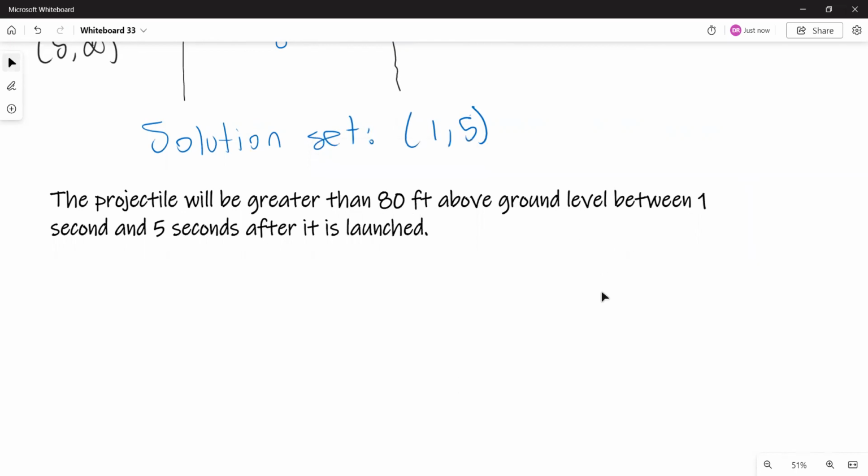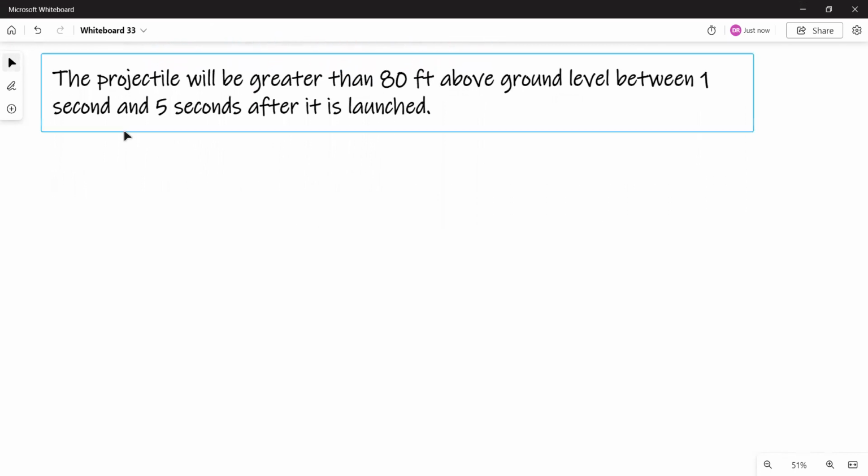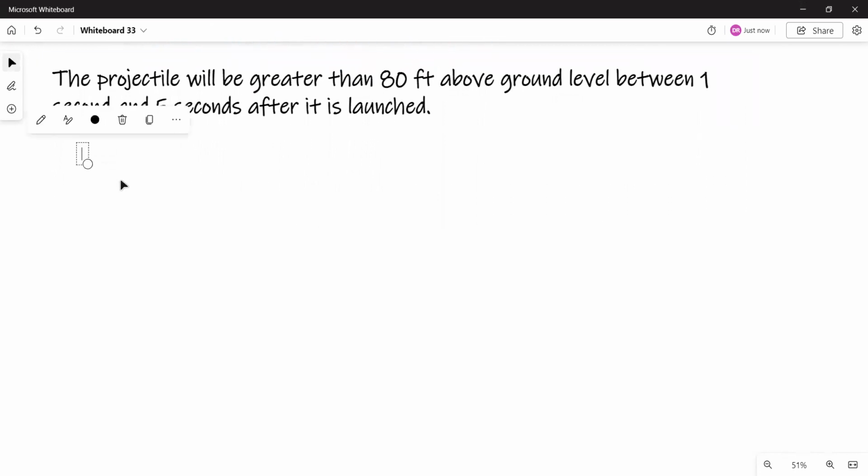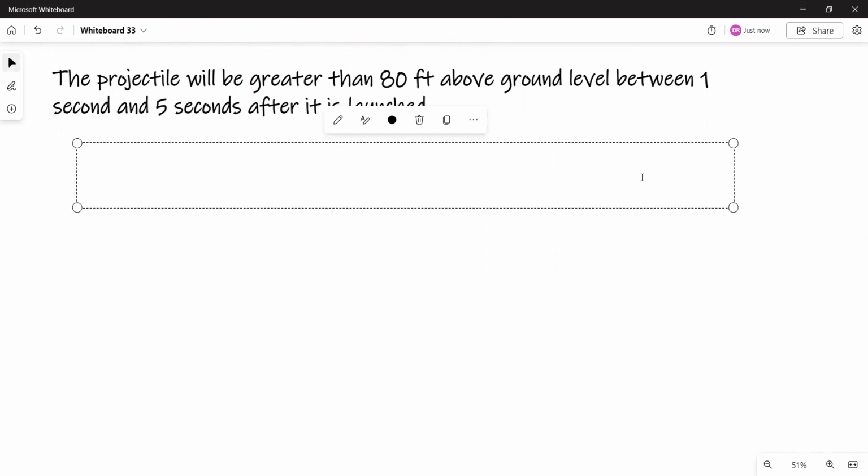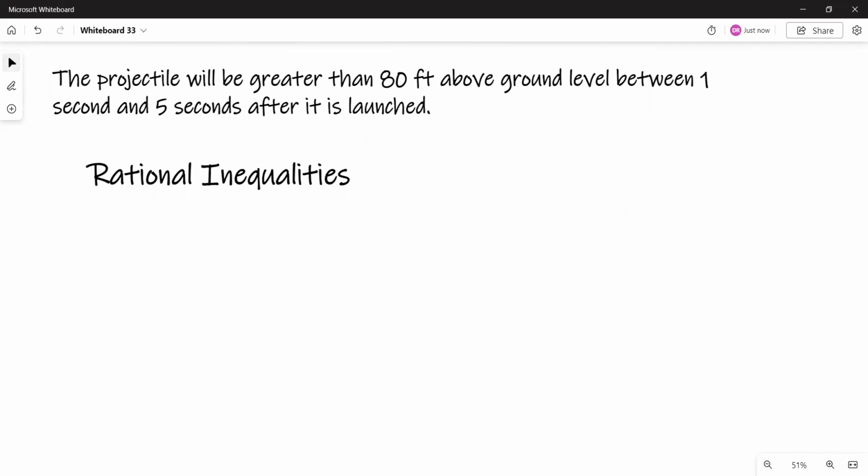Okay, and the last type of inequality in this section is going to be rational inequalities. So similar to rational equations, a rational inequality is an inequality containing variables in the denominator.